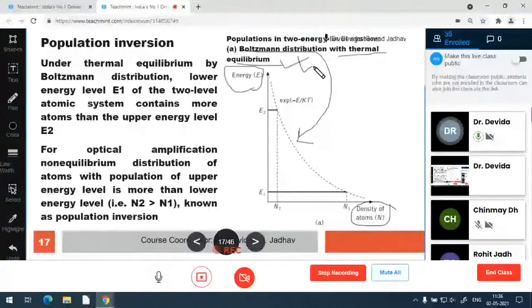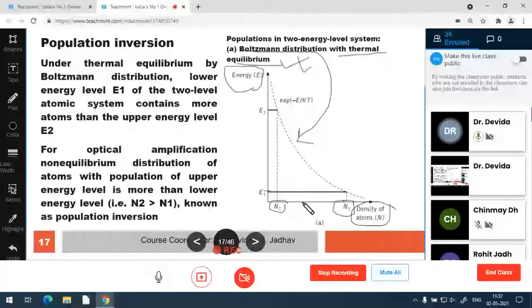In thermal equilibrium, the density of atoms in the higher energy state is very low, and the density of atoms in the lower energy state E1 is very high. So the number of atoms in the lower energy state is high, but in the higher energy state it is low.